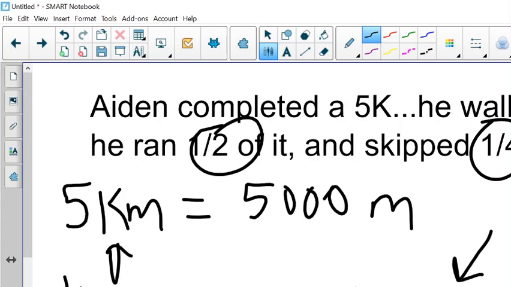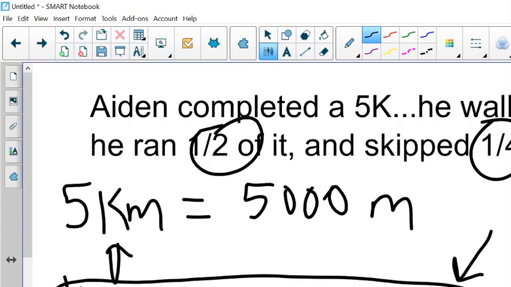And then half of 5,000 is 2,500. So that's how far he ran. I will say though, oh, I know where I was confused. This is what half of it is. I was thinking, okay, what's 1/4? My brain couldn't quite follow what I was even talking about.